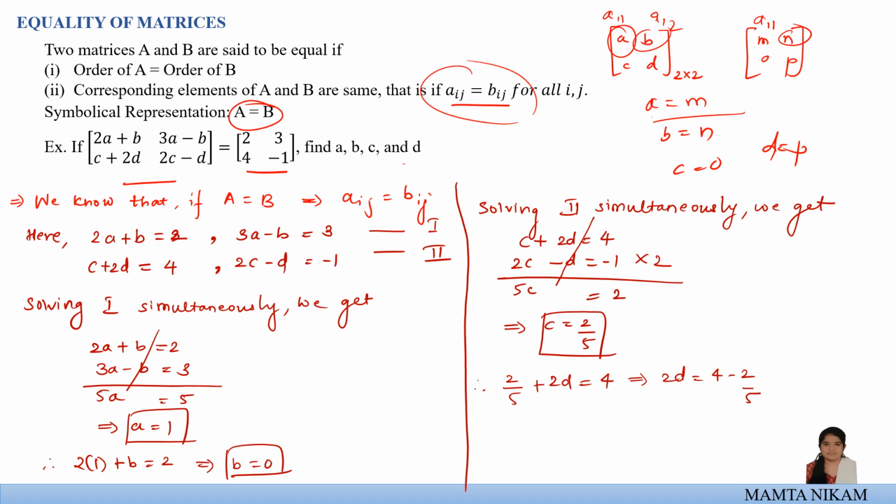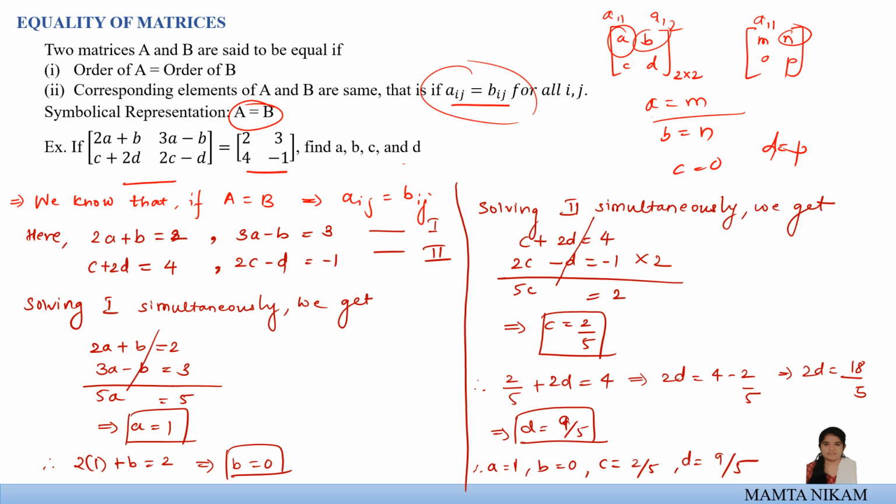So 20 minus 2, that is 18 by 5, तो ये होगा 2d equals to 18 by 5, and hence d की वैल्यू मिल जाएगी 9 by 5. So these are the required values: a equals to 1, b equals to 0, c equals to 2 by 5, and d equals to 9 by 5 are the required values for these given equal matrices. I hope it is clear.